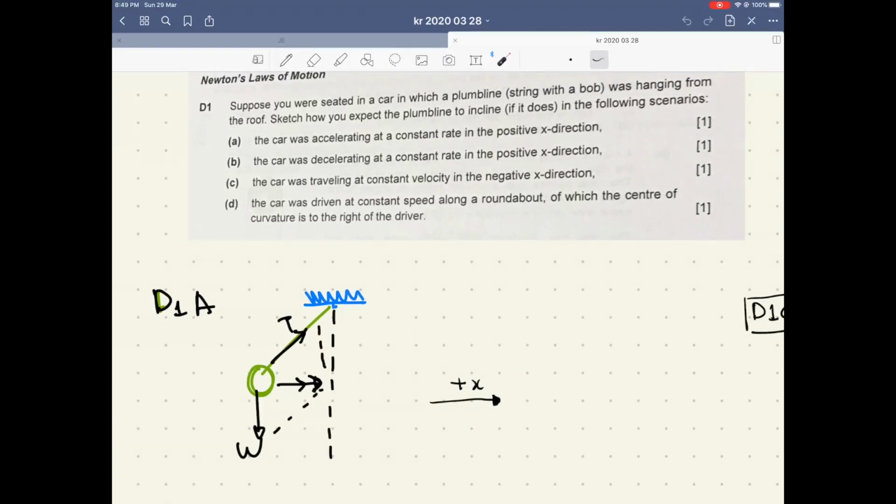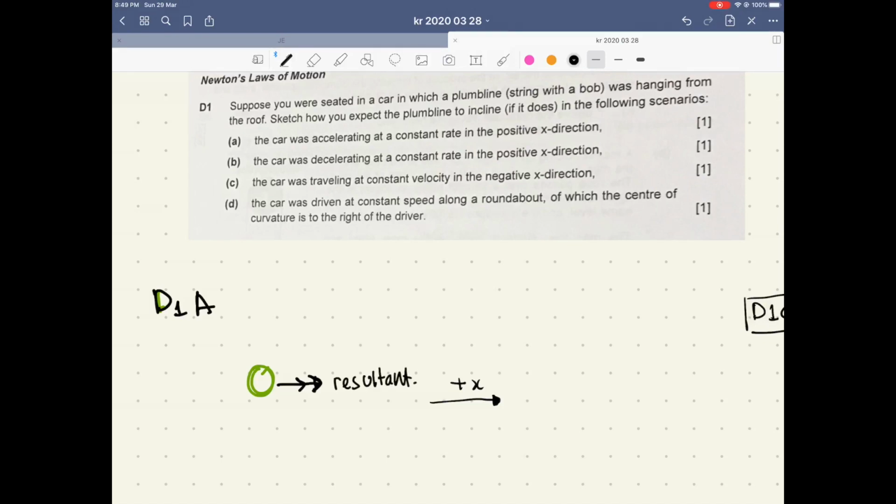Then, what is our conclusion? I think I will draw from the very start. First of all, the resultant force will be pointing to the right.